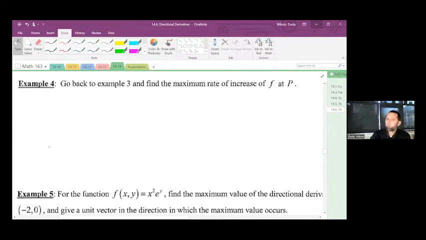Example 4. Go back to example 3 and find the maximum rate of increase of f at point P. So let's remind ourselves of what's going on.